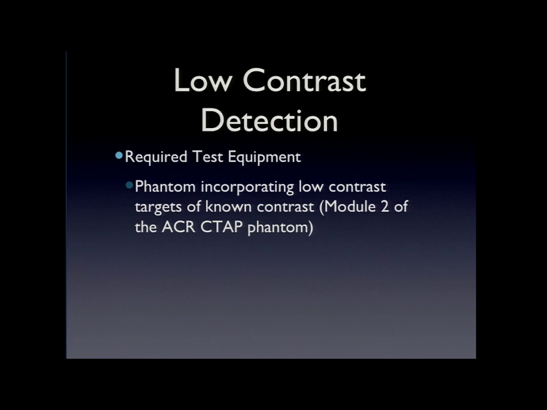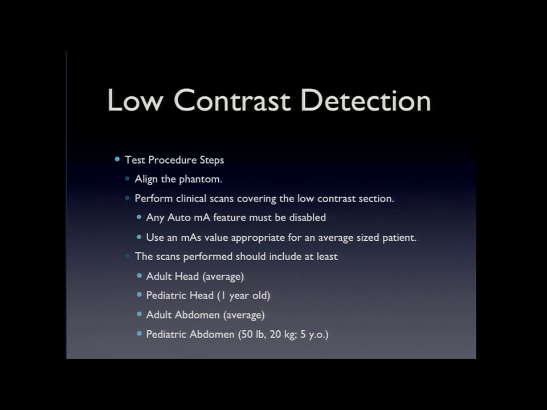Now, what CT is really used for is low contrast detectability. So that's a really important aspect that needs to be looked at, and low contrast detection needs to be evaluated. They have to have low contrast targets in the Phantom, and Module 2 of the ACR Phantom has that. So you need to align the Phantom and acquire the image using a clinical technique.